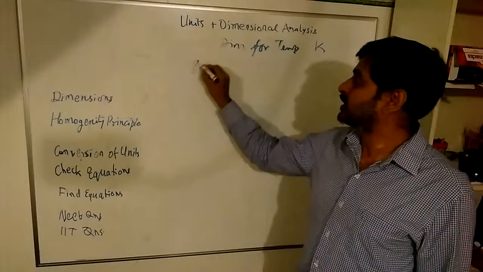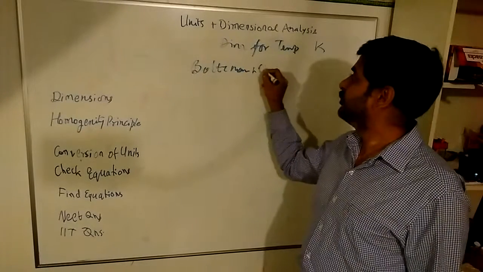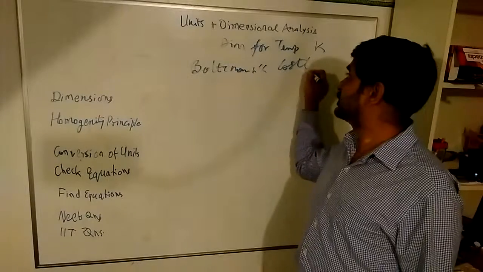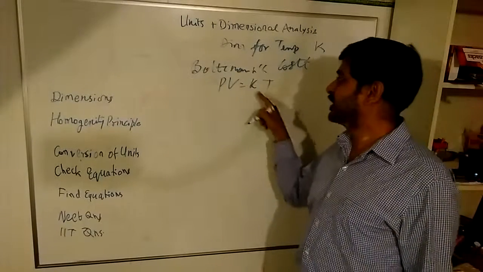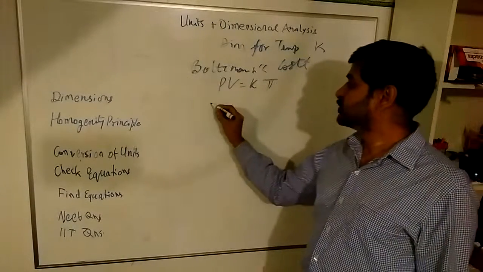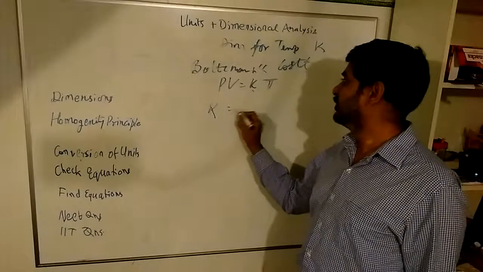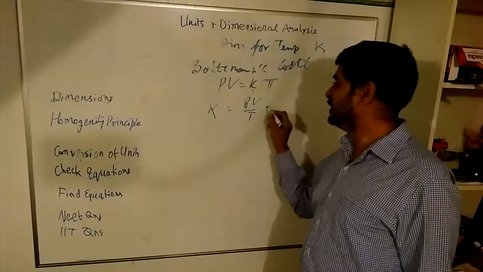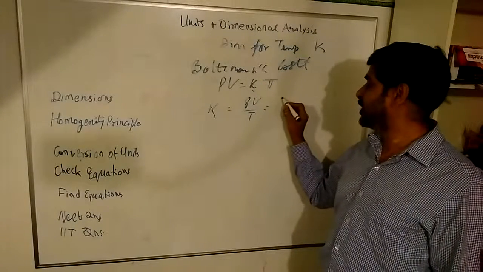For example, let's talk about the Boltzmann constant. It's represented by the equation PV is equal to KT, where K is the Boltzmann constant and T is the temperature. So the dimensional formula of this Boltzmann constant K will be PV divided by T. P is the pressure and V is the volume. The pressure is the force divided by area.